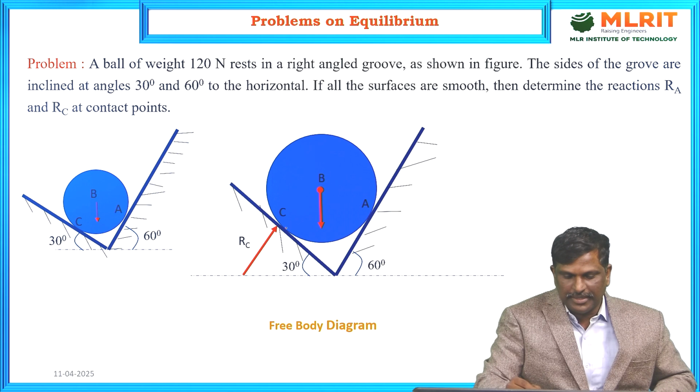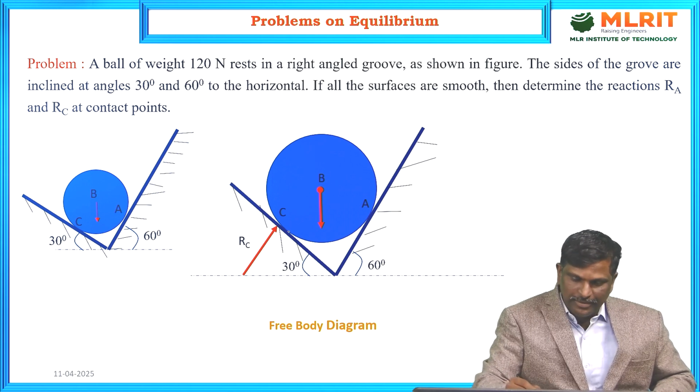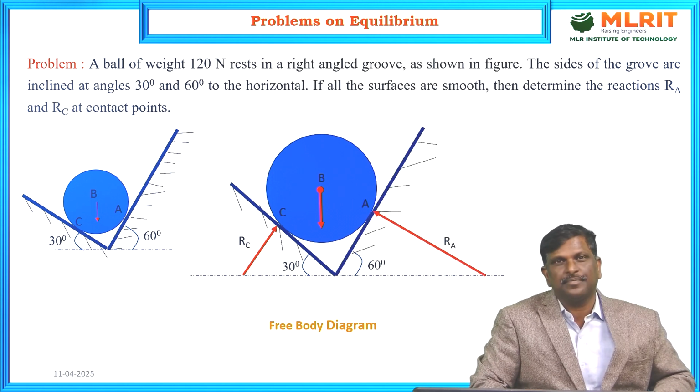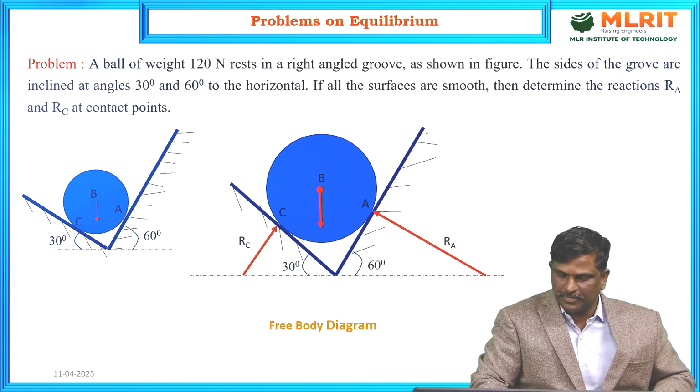Here the contact surface is making 30 degrees to the horizontal, and to that plane the reaction at C is perpendicular, and RA, the other reaction at contact point A, is also perpendicular to the contact surface.